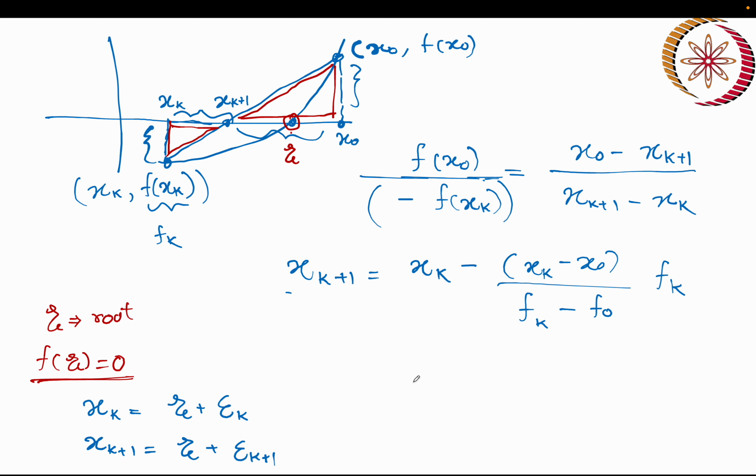So what we want is epsilon k plus 1 to be some constant times epsilon k raised to p. So we want to find this minimum value of p, or the order p, that will give the order of convergence for this.